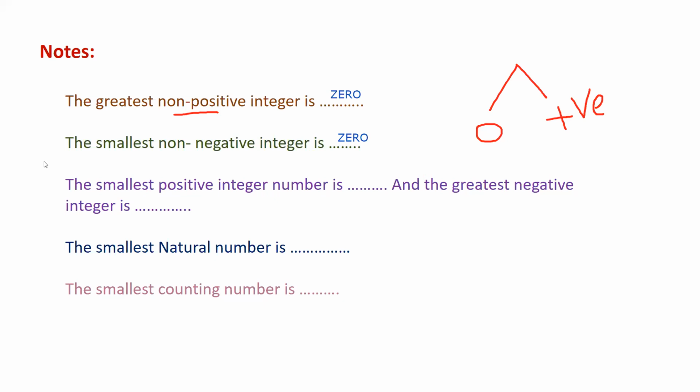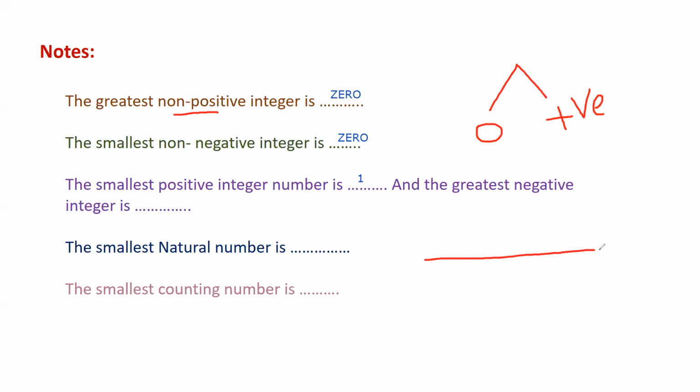Okay, what if he asks the smallest positive integer? The smallest positive. So I'm not going to choose the 0. I need positive, and the smallest positive, of course, is number 1. And what about the greatest negative integer? Okay, so I'm going to go to the negative numbers.